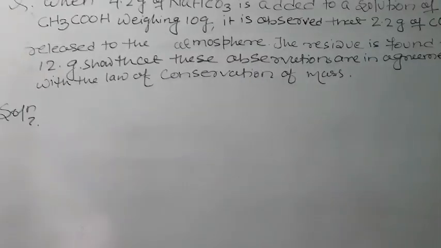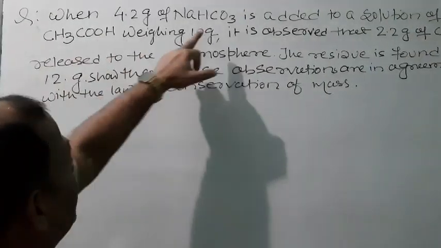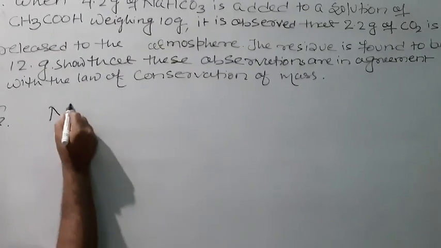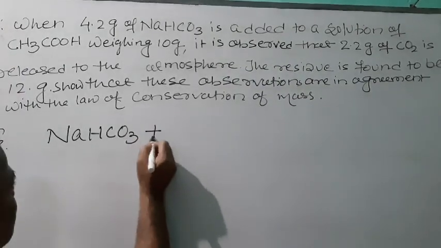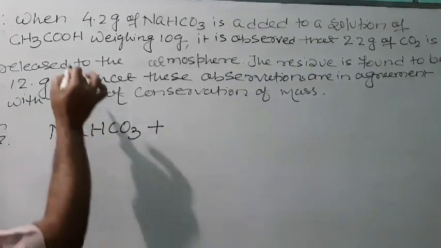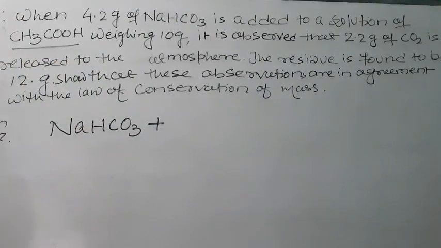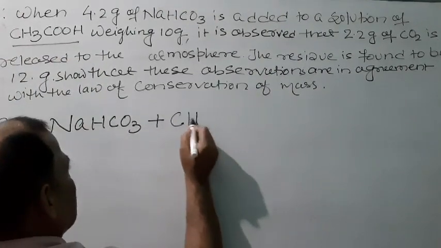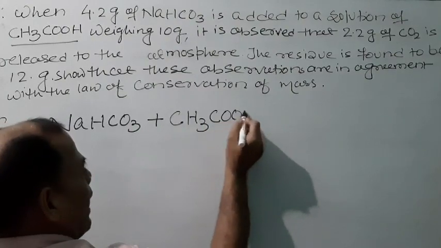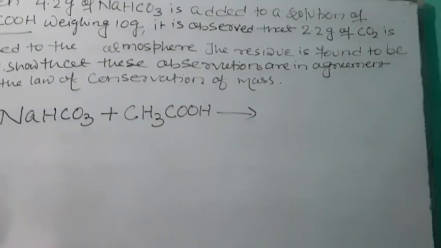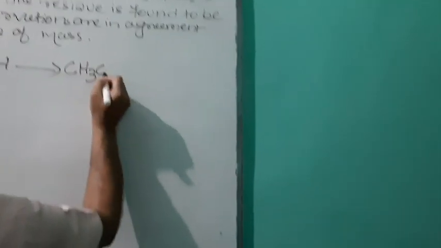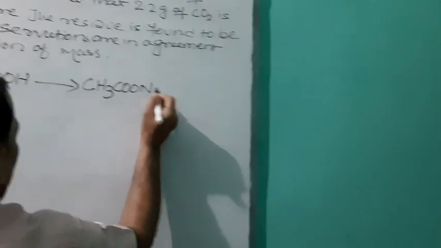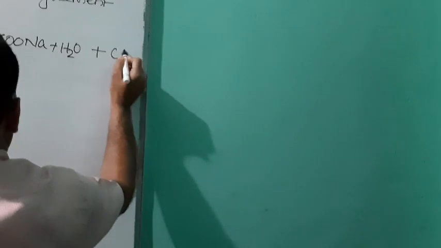Now let us solve it. First of all, we have sodium bicarbonate, NaHCO3, being added with CH3COOH, so-called acetic acid, which gives CH3COONa plus H2O plus CO2.